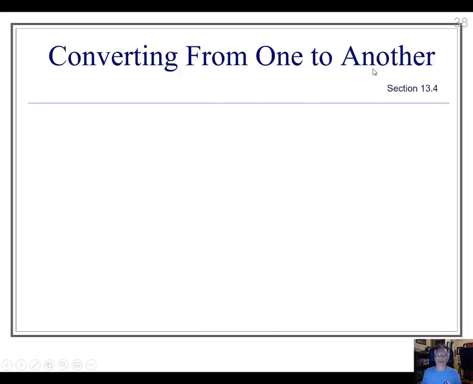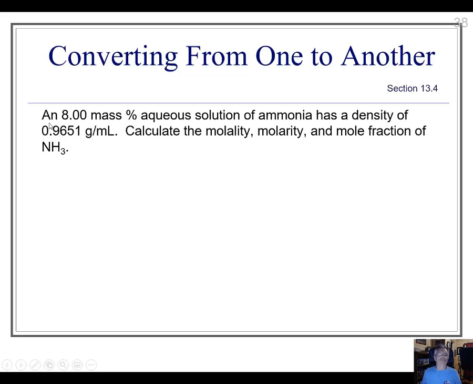Converting from one unit to another sometimes can be problematic, but it's not too bad if you remember what the definitions of the different units are, and remember that you need to use density to convert from mass to volume or volume to mass. And this is saying we've got an 8 mass percent solution of ammonia.